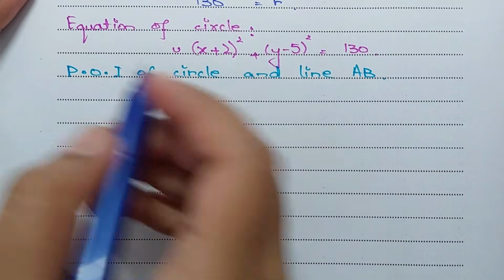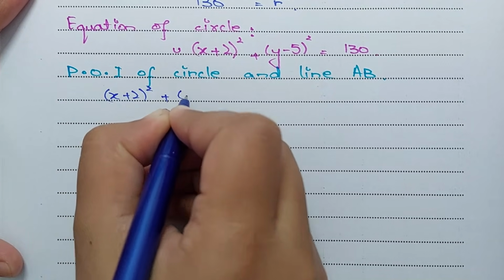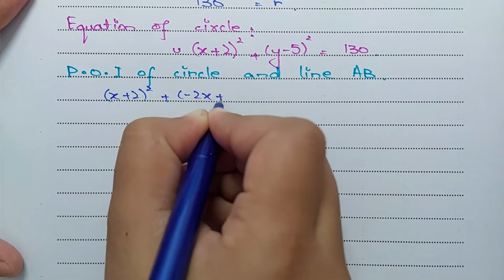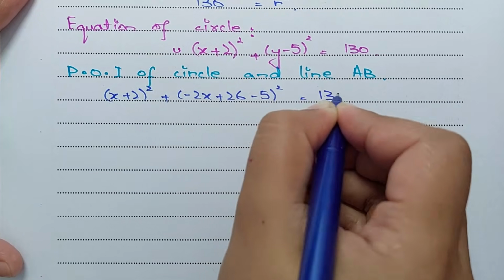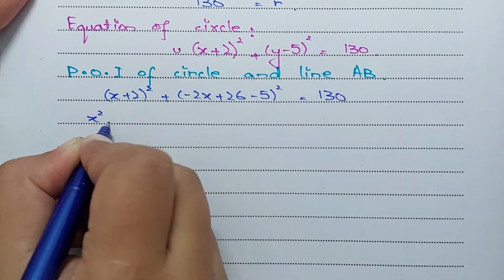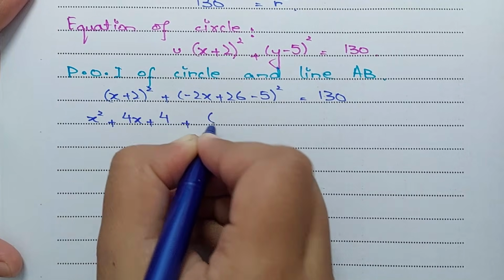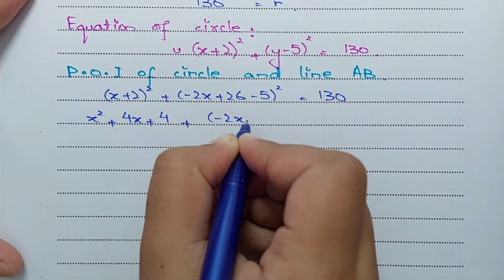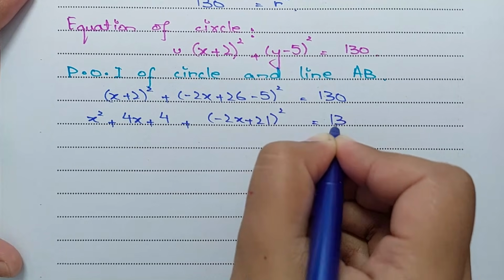So plug the y value in here: (x + 2)² + (−2x + 26 − 5)² = 130. This is x² plus 2 times 2 is 4x, and 2² is 4, plus (−2x + 21)² equals 130.